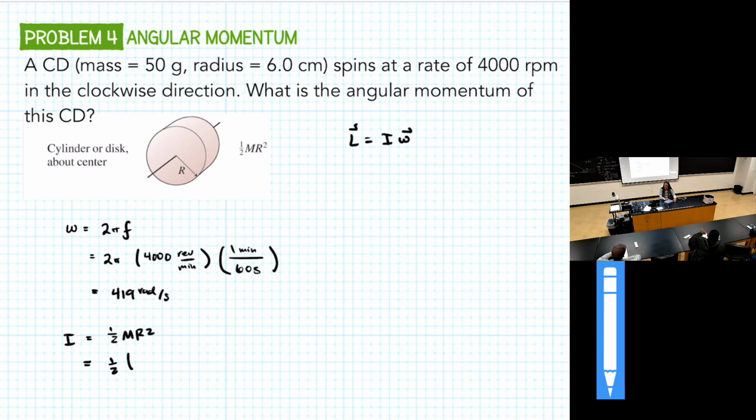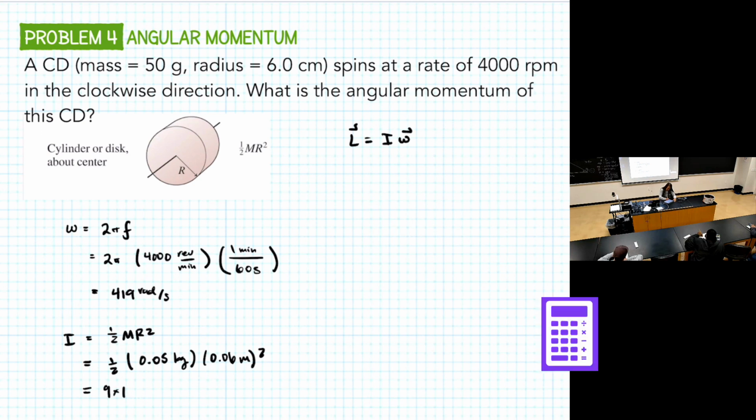What is that in kilograms? 0.05 kilograms, and the radius is 6 centimeters, so 0.06 meters, squared. That's going to give us a moment of inertia of something very small, 9 times 10 to the negative 5th kilograms meters squared.